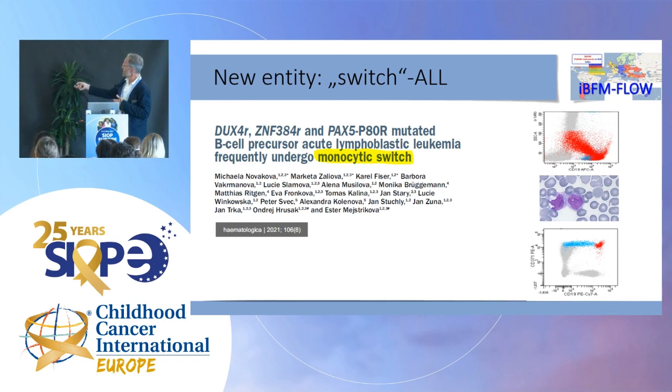The DUX4 switch is rather protracted. It comes at day 8, 15, and then rapidly goes away. And you sometimes see mixtures of lymphoblasts and switching blasts. So they have this kind of increasing side scatter. It means the cells become bigger and more vacuolated, these monocytic cells.